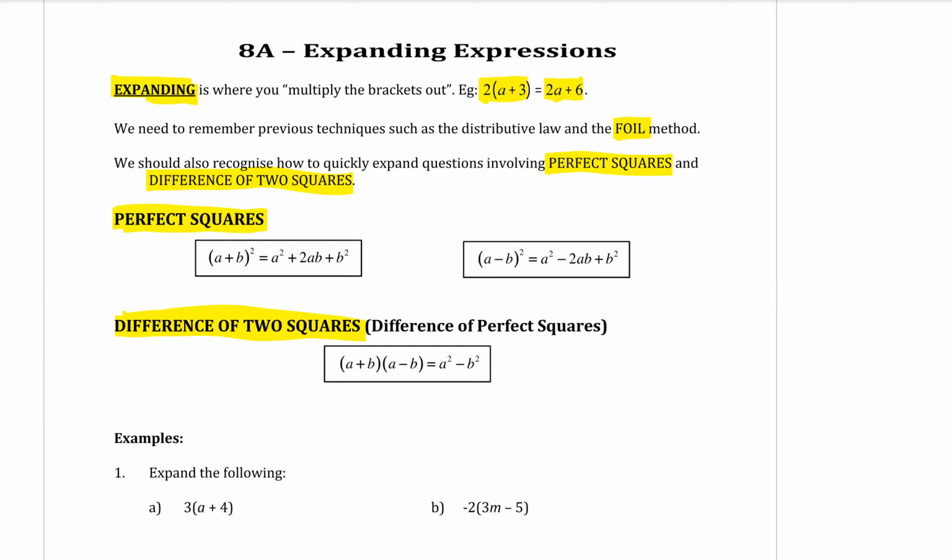So the shortcut is just to multiply the first things in the brackets together, a times a makes a squared, and the last things in each bracket together, so b times minus b makes minus b squared. Okay, so that was a quick little recap.